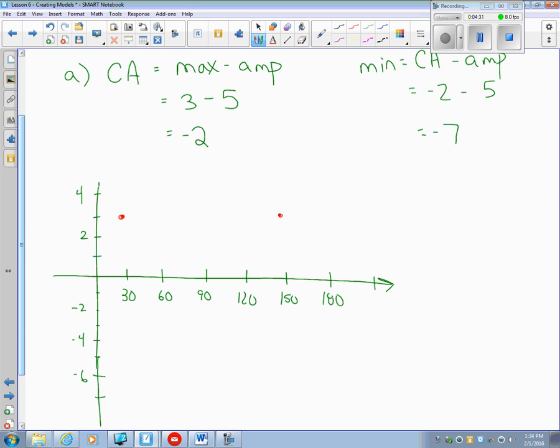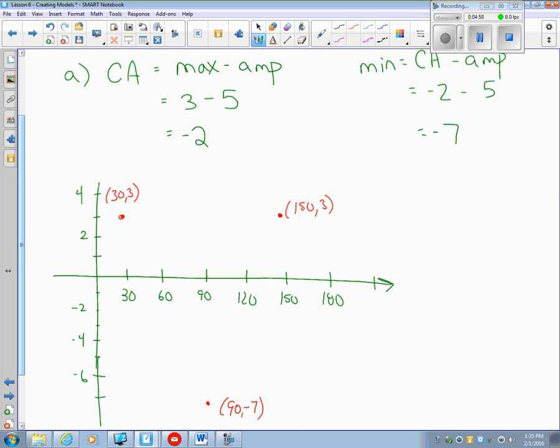That's my next maximum. Where is my minimum going to happen? Well, if those are my two maxes, my minimum has to be halfway in between those two, right? So at (90, -7) down here. I'm going to label these things just so I remember what they are: (90, -7), (150, 3), (30, 3).